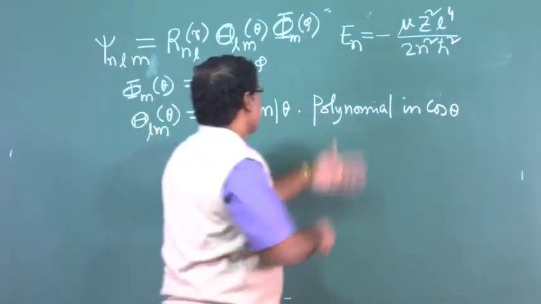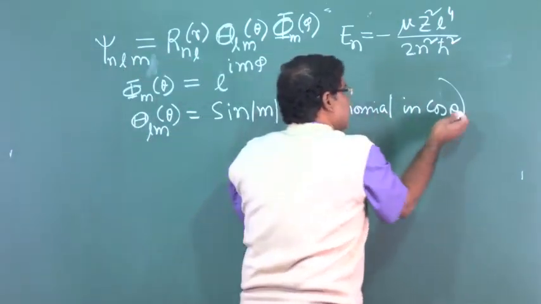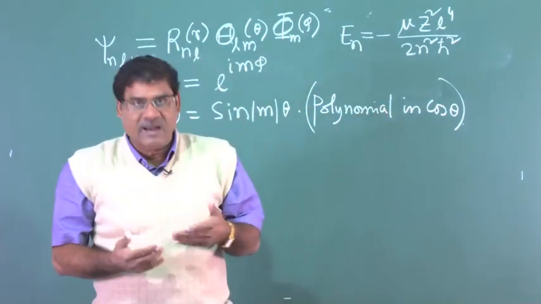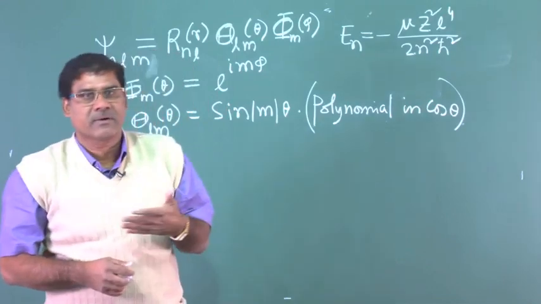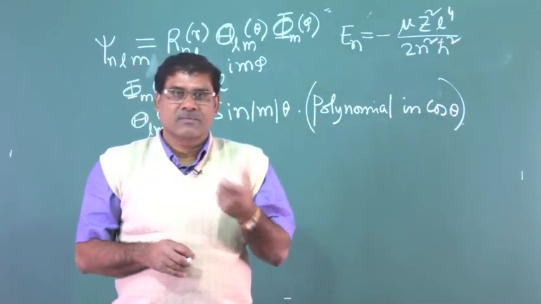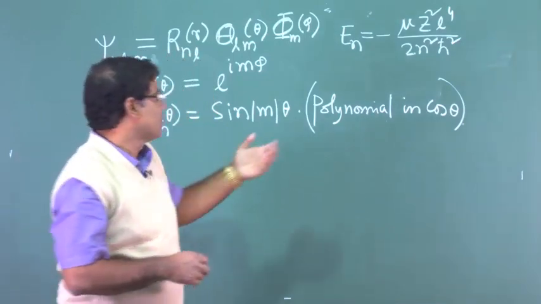As a whole, in general it looks complicated, but for different values of l and m l, these forms are readily available. So, we will use them whenever we need.